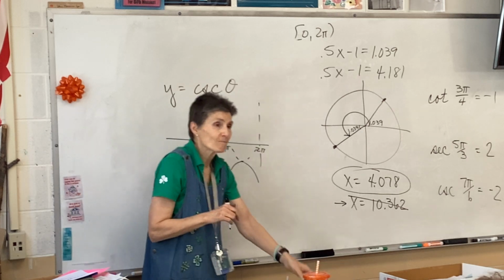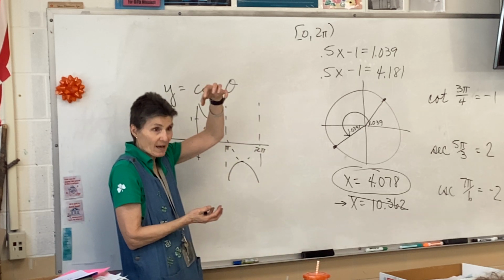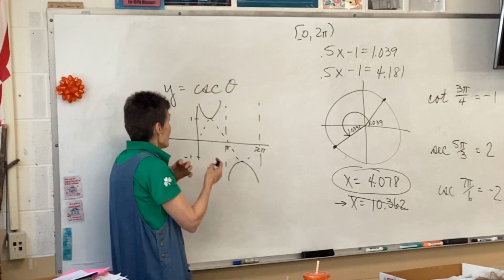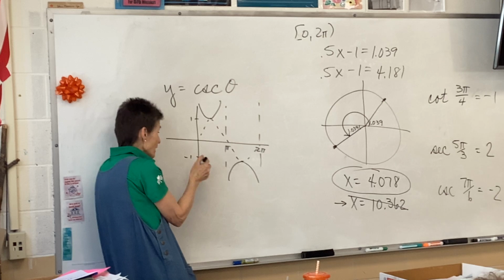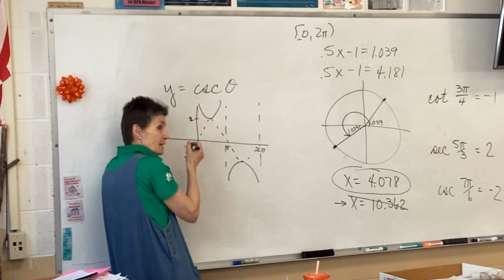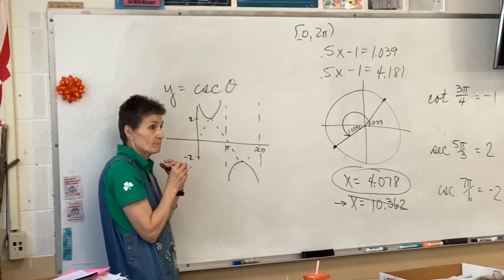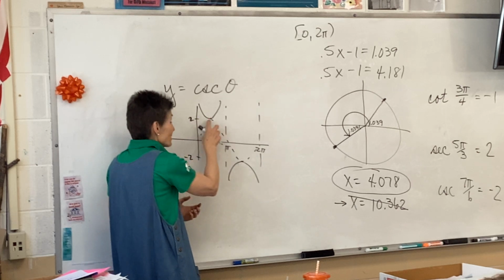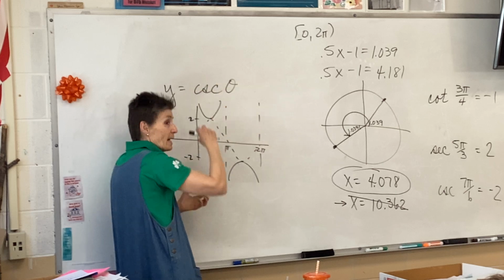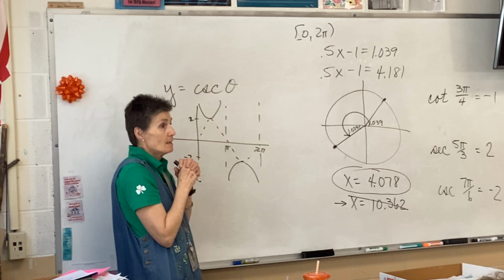If we are vertically stretching it by a factor of 2, then these won't be 1 and -1 anymore. They will be 2 and -2. Right? We've stretched the sine curve, and that's pulled that up.